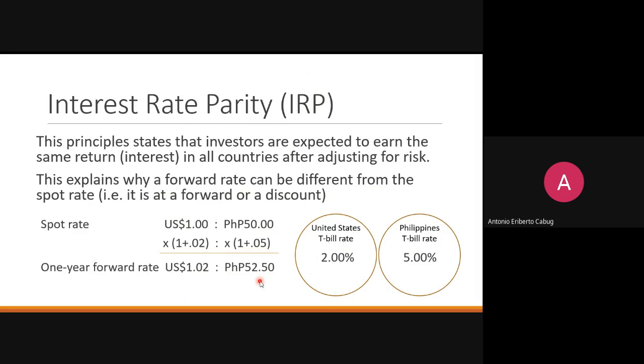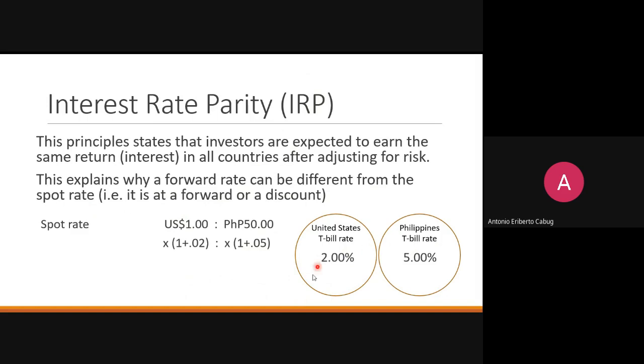So, at the end of the day, you should end up with the same position. As such, 1.02 US dollars should be equal to 52.50 pesos in the 1 year forward market. The forward rate will be adjusted in such a way that whether you invest in the Philippines or in the United States, you would end up with the same position.